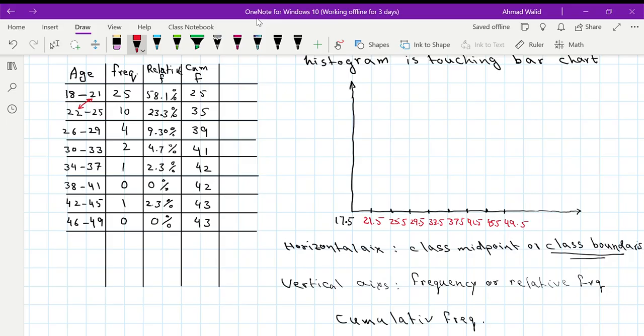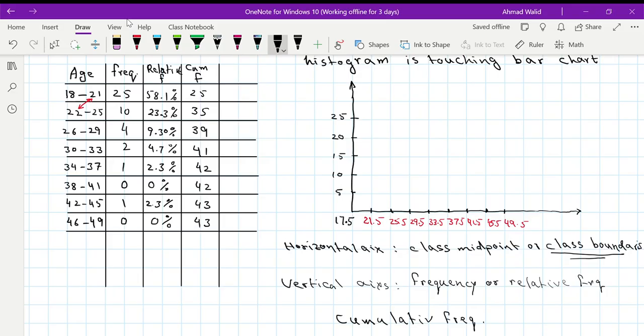Correct? Now, on the vertical axis, I will put my frequency. You see the highest frequency, which I have 25. I will go this way. 5, 10, 15, 20, 25. 25, 20, 15, 10, and here 5. Now, look at the frequency.